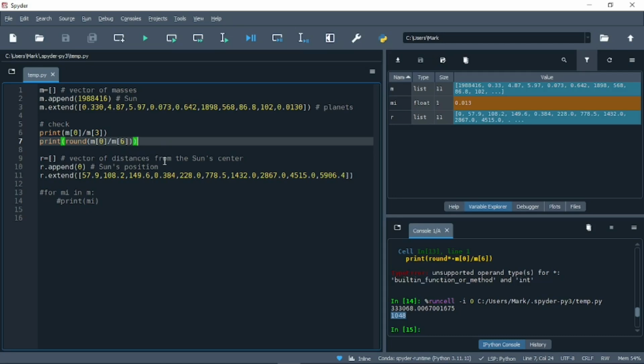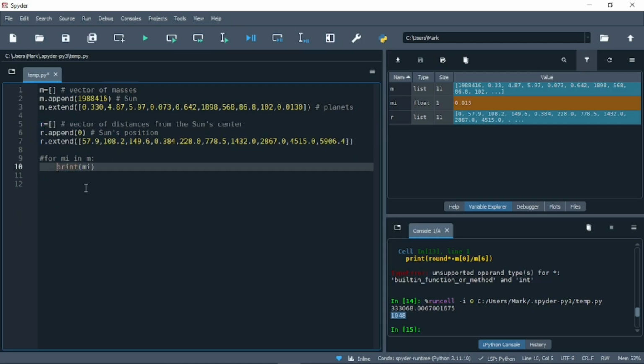It's approximate. Maybe these numbers here are also approximate, even in the significant digits. I don't expect the mass of the Earth to be all zeros after this 7, of course.